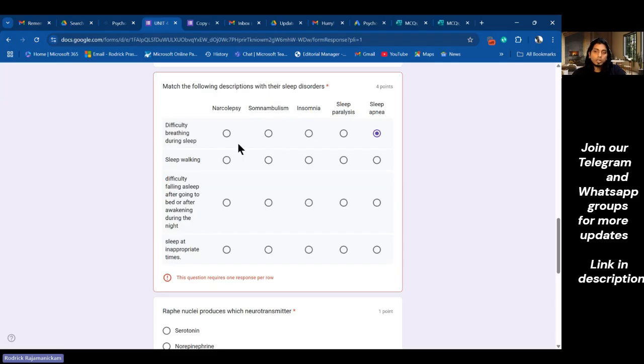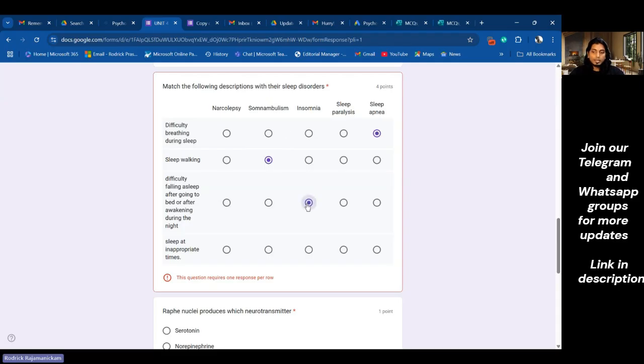Those lead to collapse of the airway and breathing difficulties. It can be a reason for insomnia, but not necessarily. That usually happens in deep sleep. Then we have sleepwalking, which is somnambulism. Difficulty falling asleep after going to bed, that's basically insomnia.